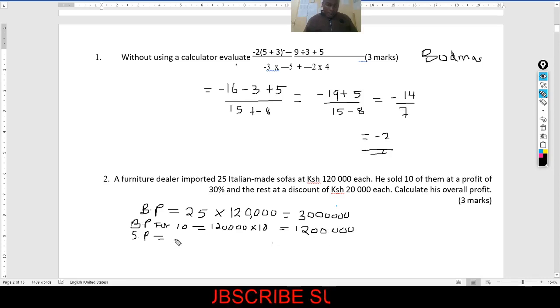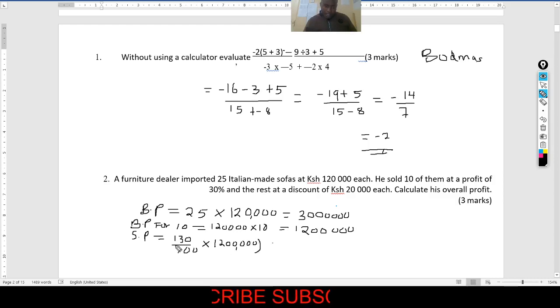Now the total selling price. He made a profit of 30%, so he sold them at 130 out of 100 times 1,200,000.